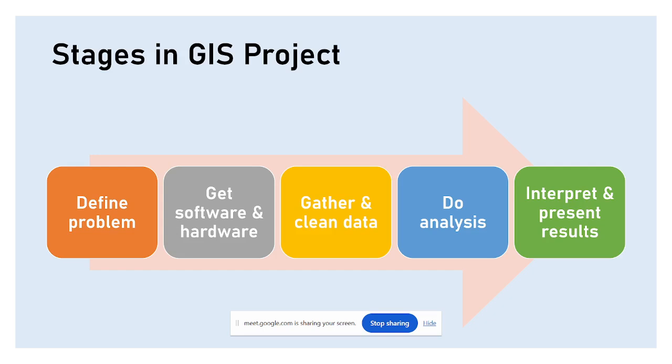So you clean the data, you do the analysis as per your requirement, and then you interpret and present the results. This is what happens during a GIS project. Now it's not just about this COVID thing. Anything can be done, electrical engineers use this too. That's what I'm saying, it's completely user defined.